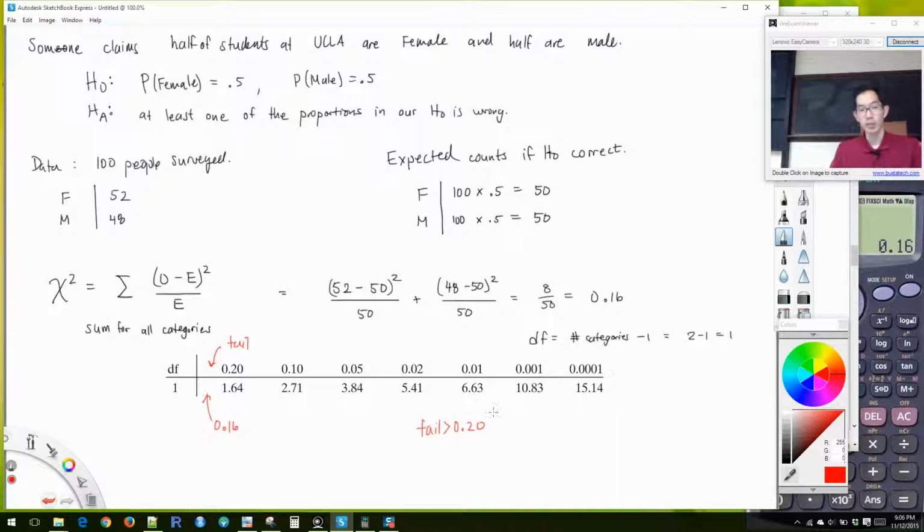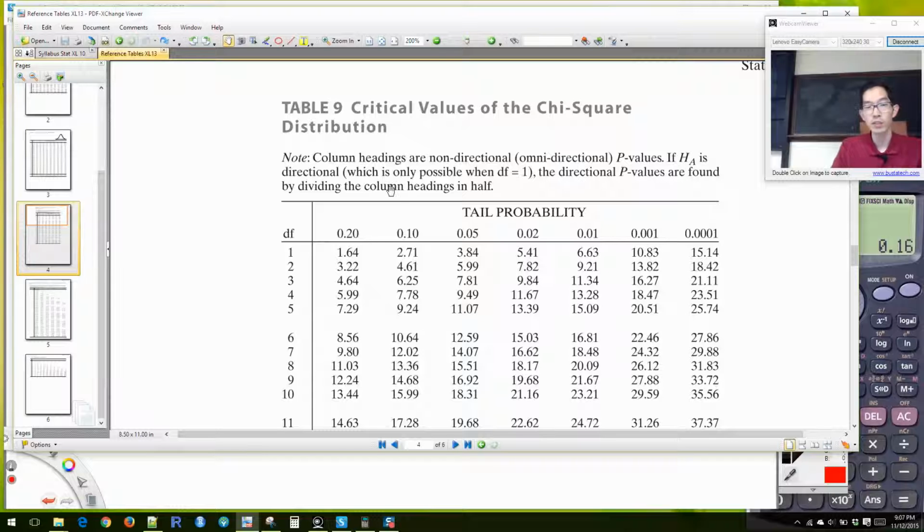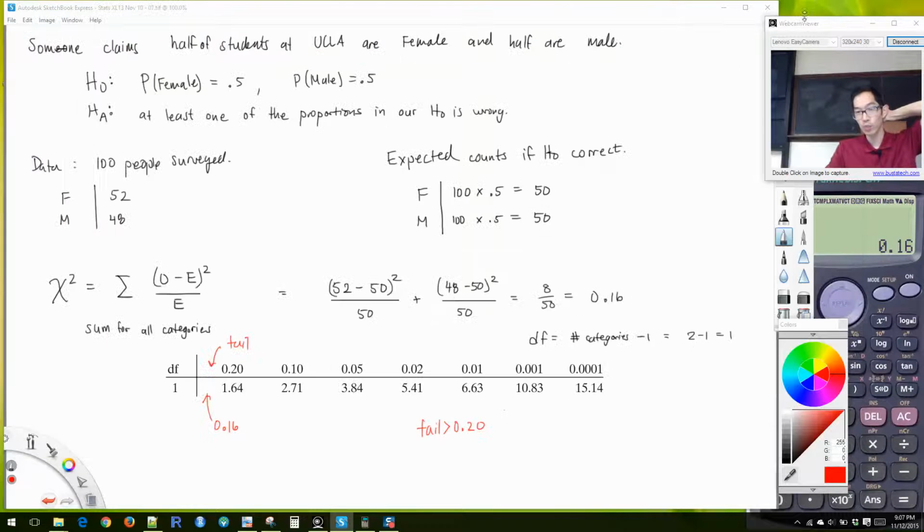The Chi-Squared table says our tail areas are for non-directional alternatives. If the alternative is directional, which is only possible when the degrees of freedom is equal to 1, the p-values are found by taking the column headings and dividing by 2. So in our case, our p-value is greater than 20%. If we use alpha equal to 5%, we do not reject the null hypothesis.